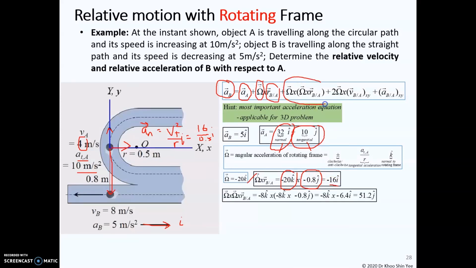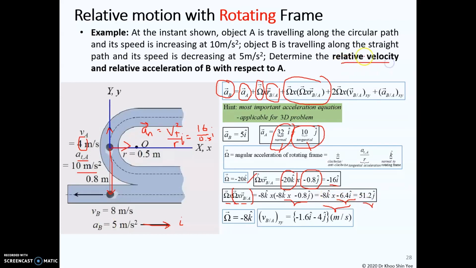For this term, you obtained the Ω vector to be negative 8k previously. So you need to perform the vector triple product here. Please be careful, you need to perform these two components first. Take the cross product between these two components, and you should obtain negative 6.4i. Then you continue to take the cross product between these two components, and you should obtain this answer.